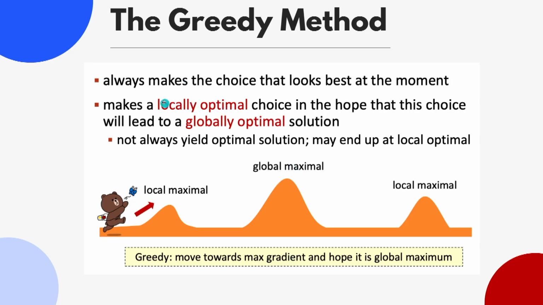So, we always pick up the choice that looks best at the particular moment or a particular iteration, and we make a locally optimal choice, and we believe that this locally optimal choice will ultimately lead us to some globally optimal solution. We call this the greedy choice property. So, for any optimization problem, if we adopt this greedy approach to problem solving, we stick to this greedy choice property.